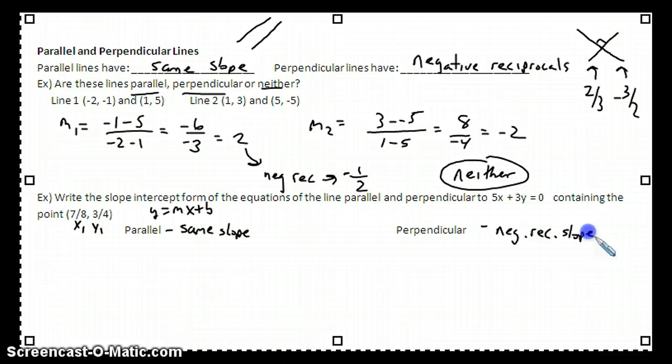So first thing I need to do is solve this equation for y to be able to find the slope. So I'm going to get rid of the x, and that's going to give me 3y equals negative 5x.